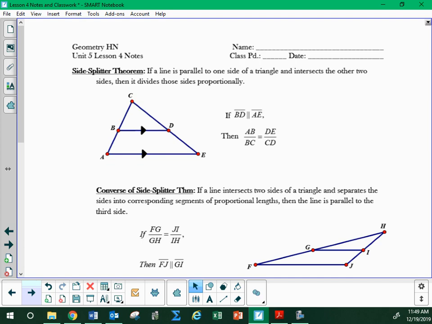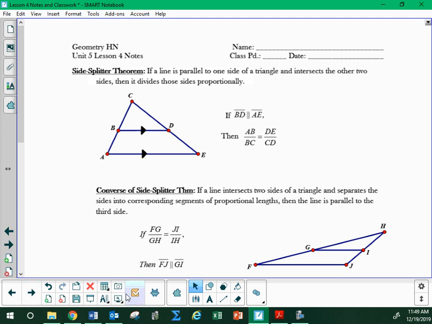So what we're learning today is when we have these parallel lines, these are theorems that deal with parallel lines within triangles. We're learning our side splitter theorem, which tells us another way that we can go about solving this without having to use small triangle compared to big. Now, if you're not certain, always go back to small triangle compared to big, draw them separately, and compare it that way.